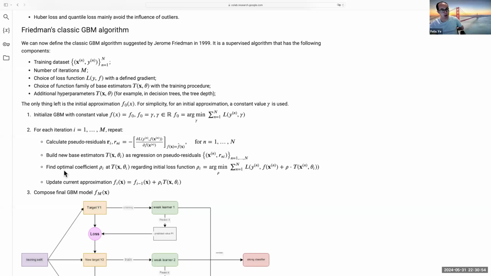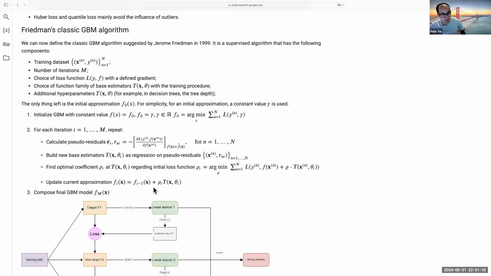Then we find the optimal coefficient rho, trying to minimize the problem. This whole thing is very much like the line search in the optimization of gradient descent methods.